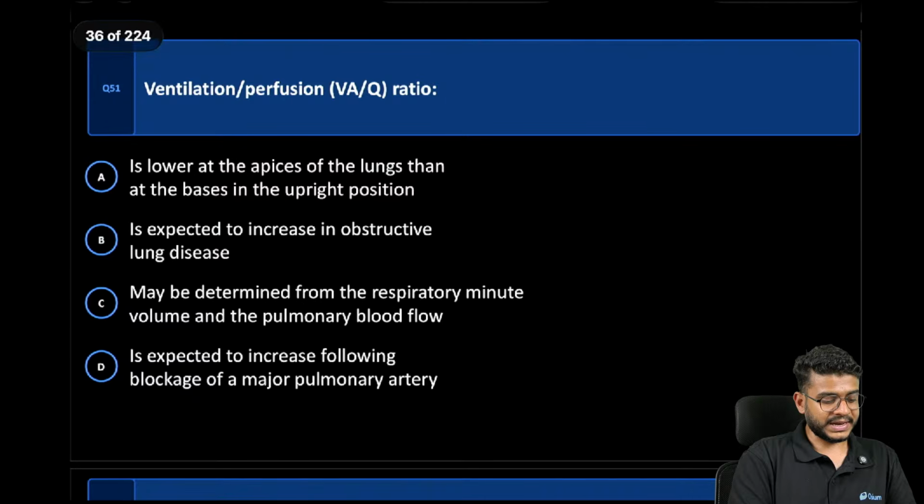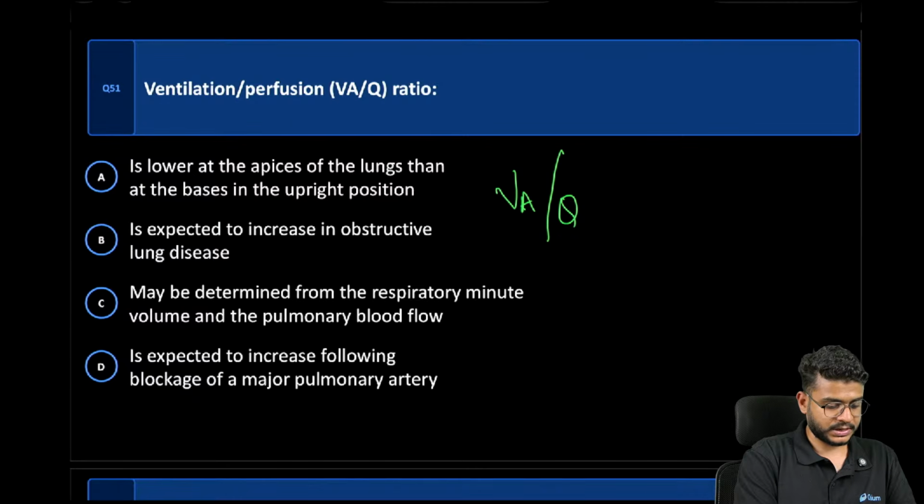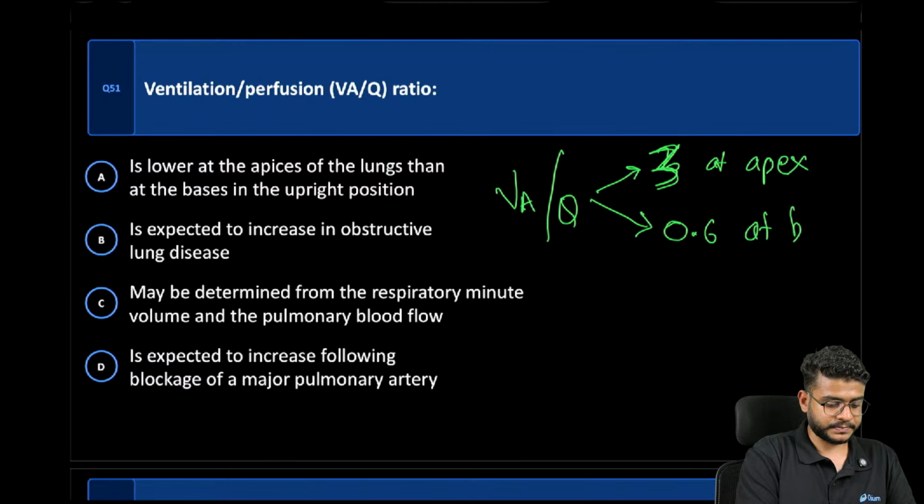Now, ventilation perfusion ratio, which is around 3 at the apex and around 0.6 at the base.